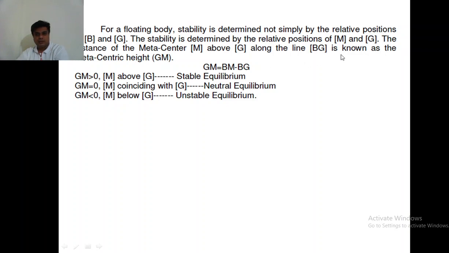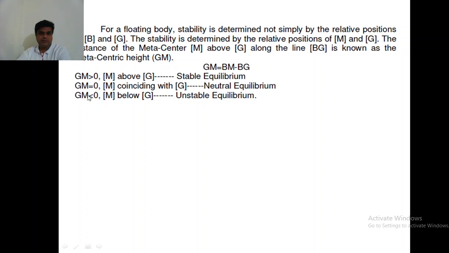BM is the distance between the center of buoyancy and the metacenter. BG is the distance between the center of buoyancy and the center of gravity. So this MG, the metacentric height, is nothing but BM minus BG. For stable equilibrium, GM should be greater than 0, that is, M should be above G.